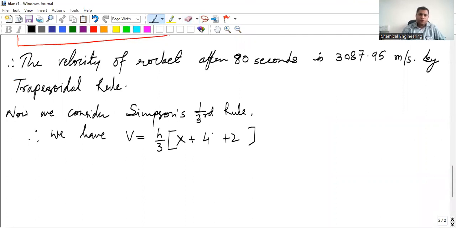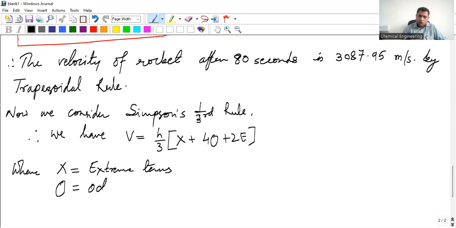This is 4 times o and 2 times e, where x is equal to the extreme terms, o is equal to the odd terms, and e is equal to the even terms.